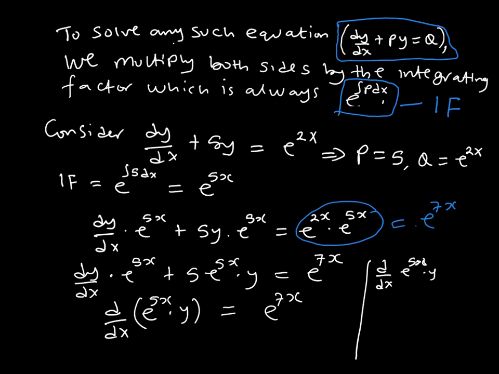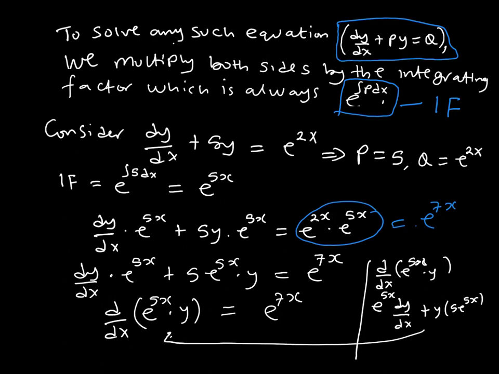Remember our product rule: we keep e to the 5x constant and differentiate y, we end up with dy by dx, plus you keep y constant and differentiate e to the 5x, you get 5e to the 5x, which is the same thing as what we have here. That is exactly the same, because this integrating factor has the effect of condensing the left-hand side, and it becomes an exact differential.